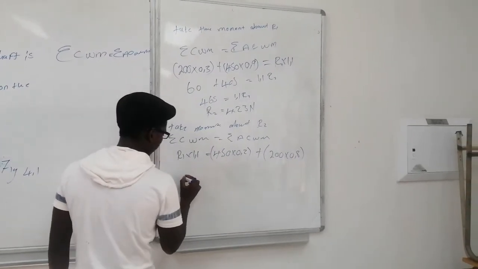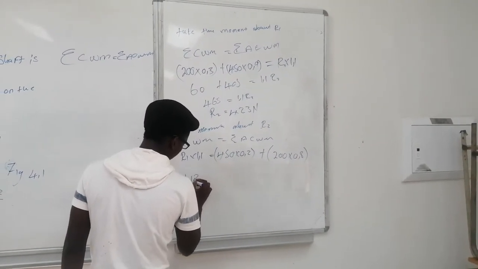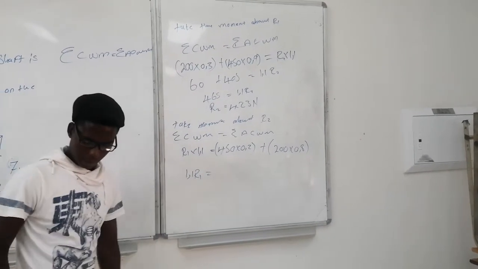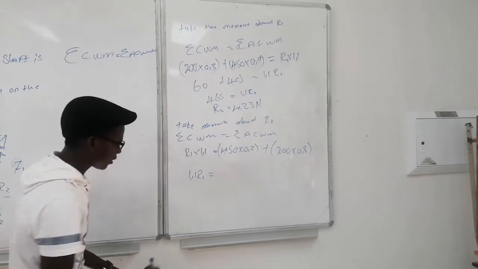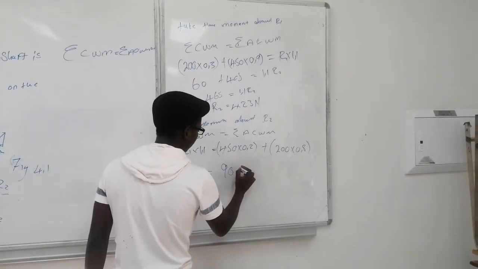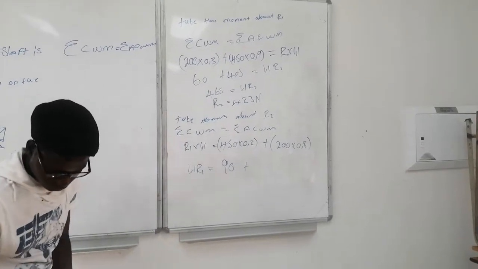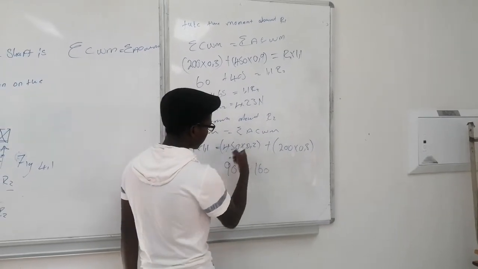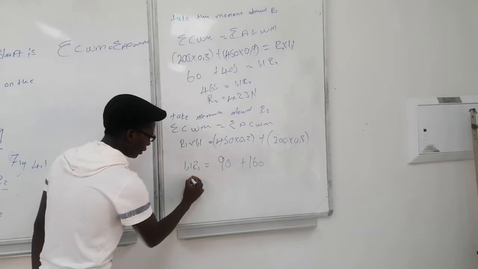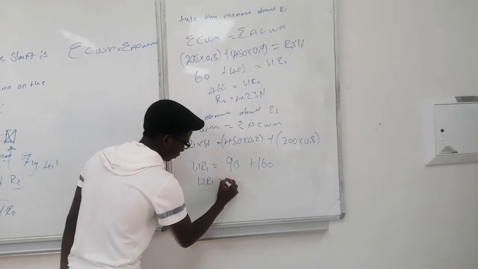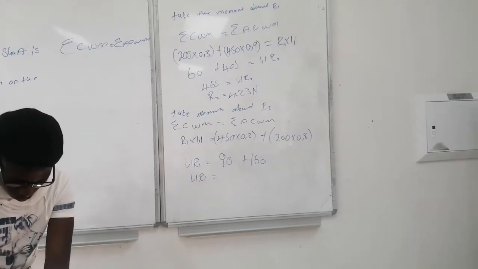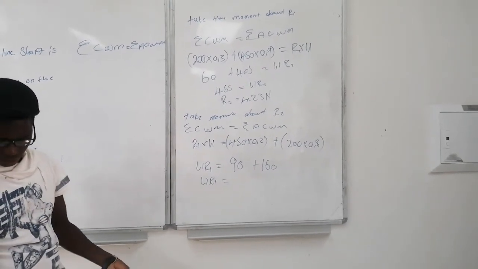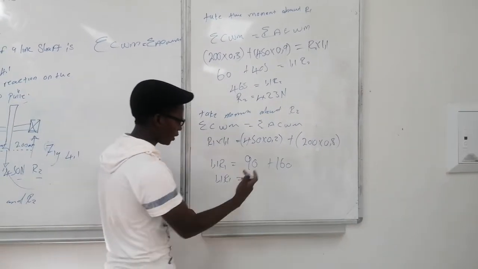And then we say 1.1 R1 equals this one. My calculator says this is equal to 90 plus 160. This 90, this 160, and then we add. Let's just go fast in this one.